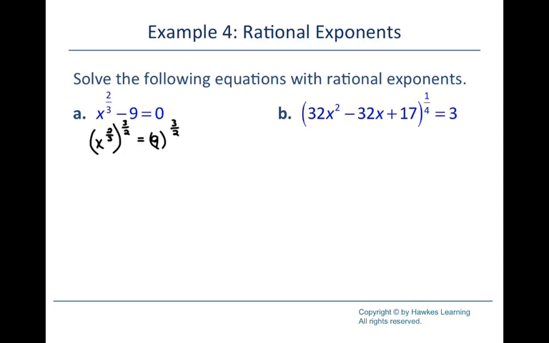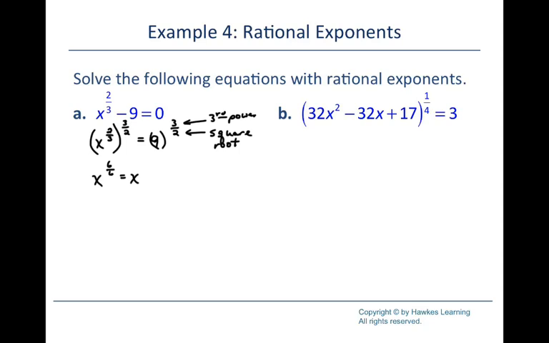Now remember, when you have parentheses to a power, you multiply. So on the left we have x to the 6 over 6, which is the same as just x. Okay? Now on the right, this is the square root because that's a 2, and this is the third power.